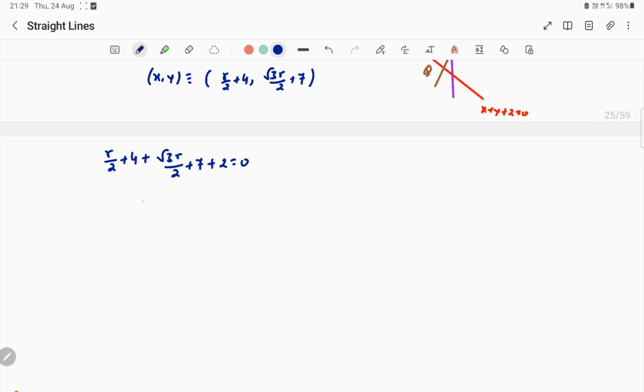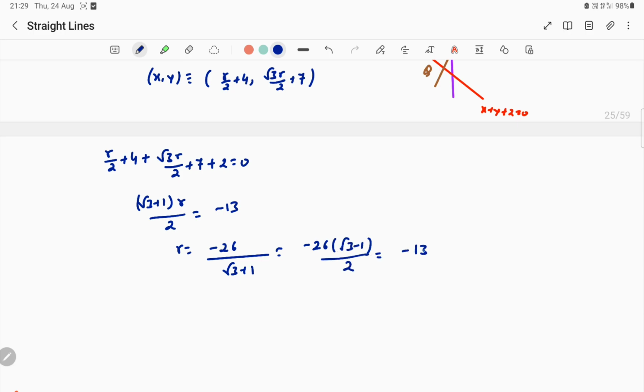So find the r value. How much did we get? We got (root 3 plus 1) times r by 2, and 7 plus 4 is 11, plus 2 is 13, so we got minus 13. So the r value is minus 26 by (root 3 plus 1). You can do the rationalization and all, so I will do it. So we got minus 26 (root 3 minus 1) by 2, which is minus 13 times (root 3 minus 1).